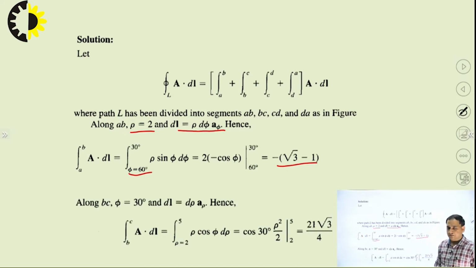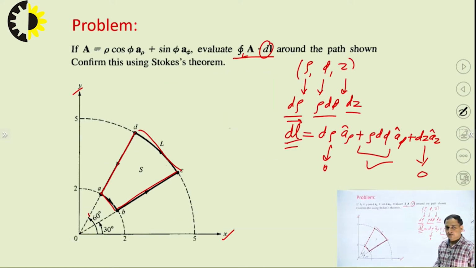B to C. For that, if you go back, B to C, what is constant? Phi is constant from B to C. Rho is varying from B to C. So what is the value at B? This is 2 up to 5. So rho will vary from 2 to 5 for this case. Now go back to C to D. What will be variable and what is constant?